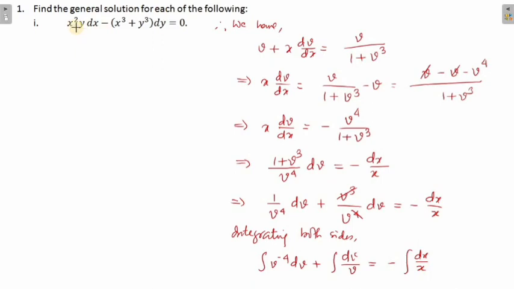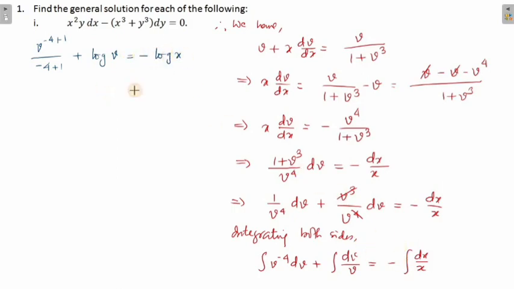Okay, now just look at this. Integral v to the power minus 4 becomes v to the power minus 4 plus 1 divided by minus 4 plus 1, plus log v is equal to minus integral dx by x, which is log x.